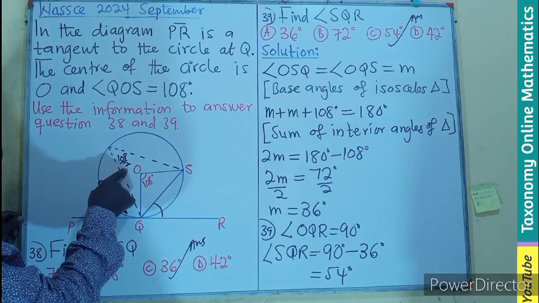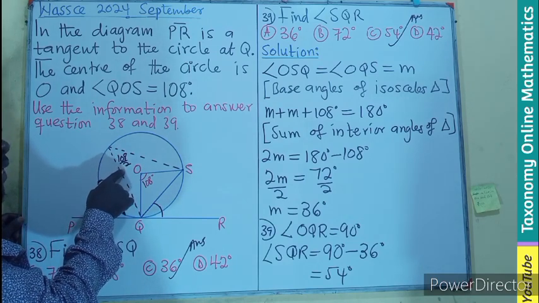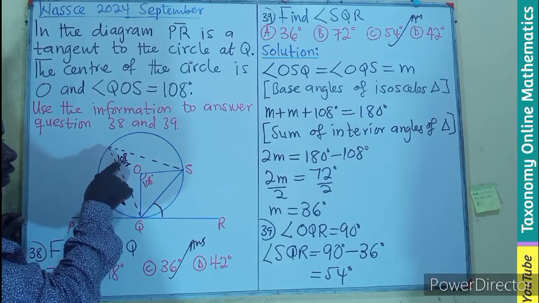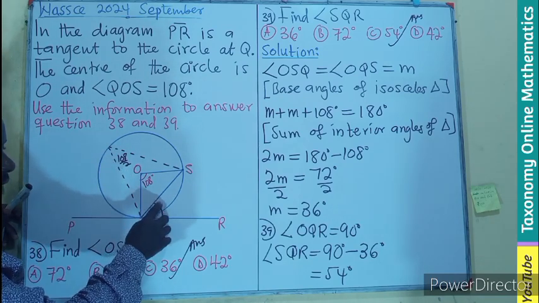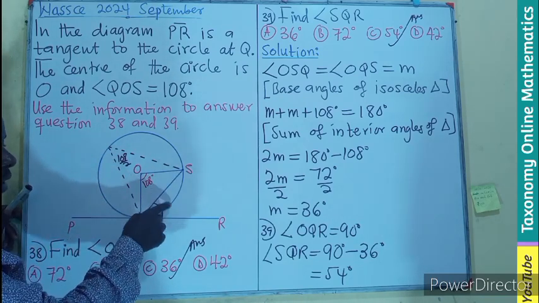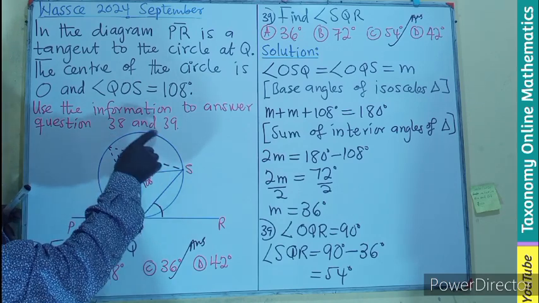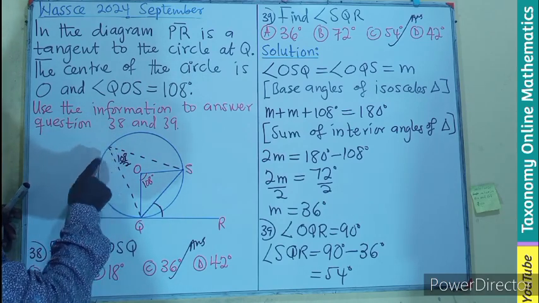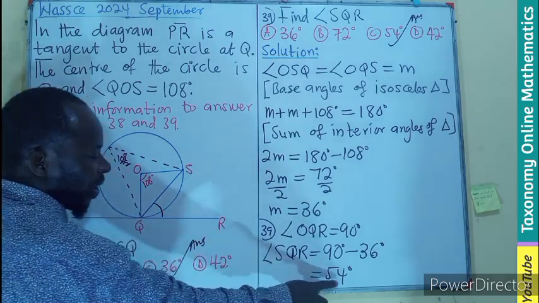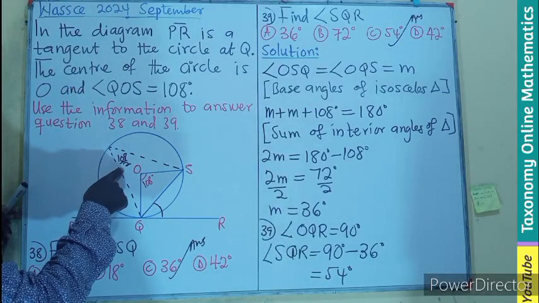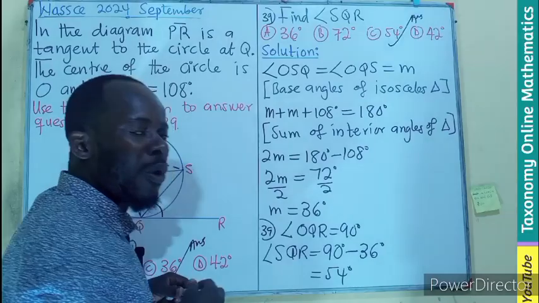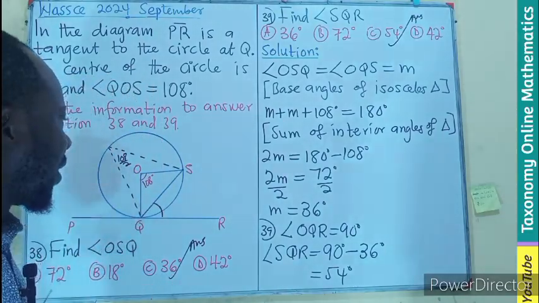This will be 54, right? The angle formed between a chord and a tangent is equal to the angle in the opposite segment. So this very angle we just found at 54 will be equal to 108 divided by 2, which will still give you the 54 degrees that we are having.